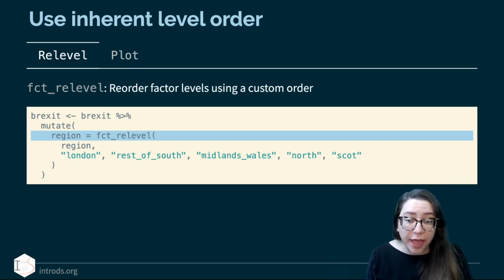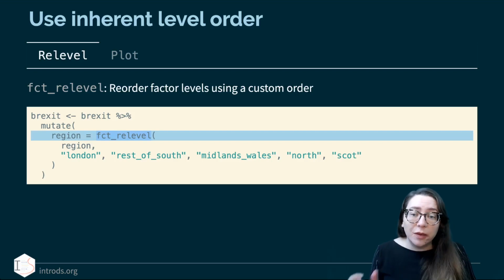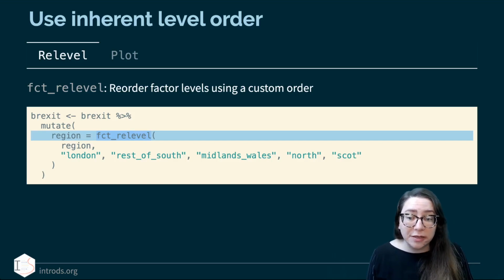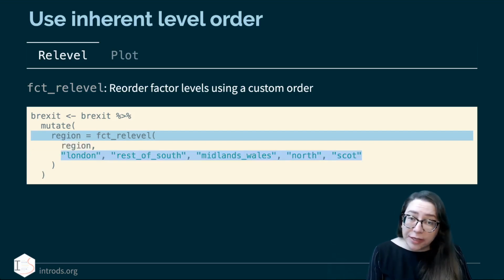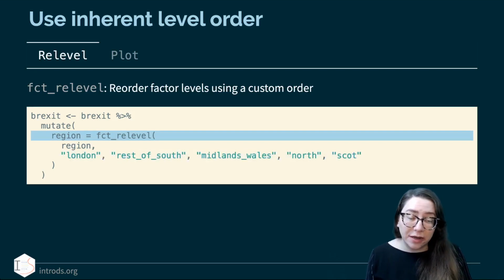And in order to do that, I use another function from the forcats package. This time it's fct_relevel, which allows you to reorder factor levels using a custom order that you provide. So this function takes as its first argument the variable that you want to relevel, and then it takes as many arguments as you need, however many levels you want to reorder. And remember, the important thing is that the spelling of these matches exactly what's in your data set, because it's going to do a character matching for you.